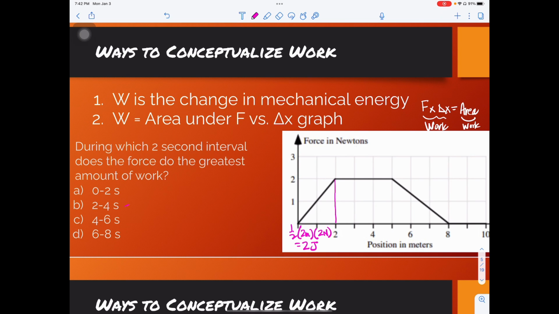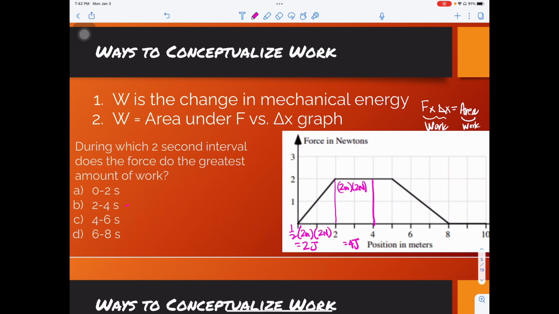And then next one is 2 to 4 seconds. So that's this right here. So that's a rectangle. It's just going to be base times height. So the base is 2 meters. The height is 2 newtons. And so this is going to give me 4 joules.